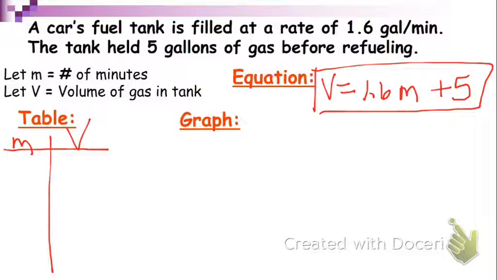Now I'm going to try and pick some nice numbers. So at 0 minutes we have 5 gallons. At 10 we'll have 16 plus 5. Remember, this is as it's getting filled. So that's 21.